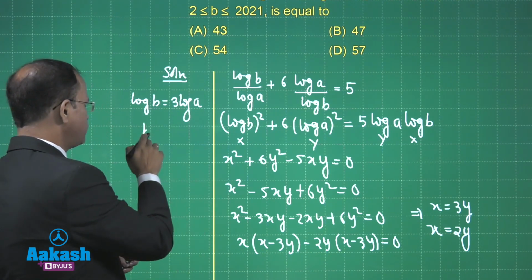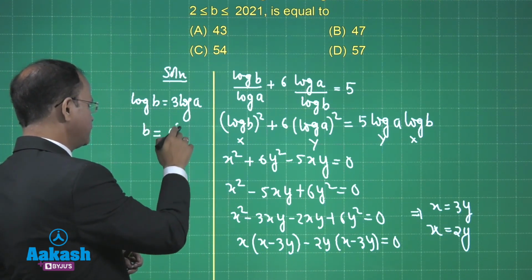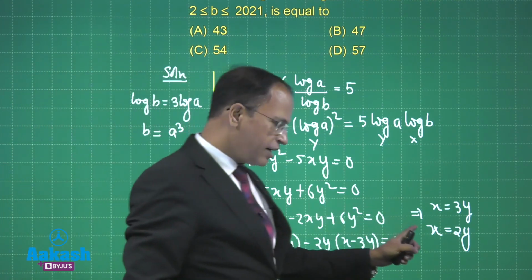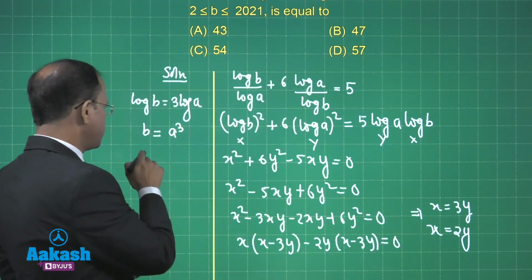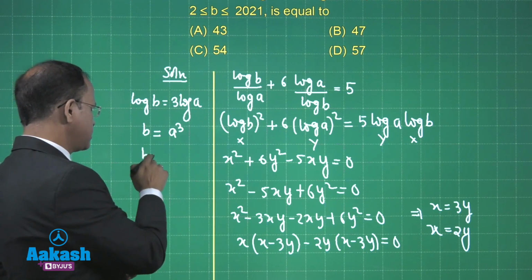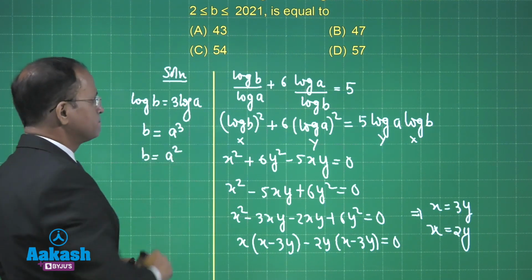Now b is going to be how much? This is going to be a cube. Similarly, we have x is equal to 2y. So here we can write b is equal to a square, the second case.